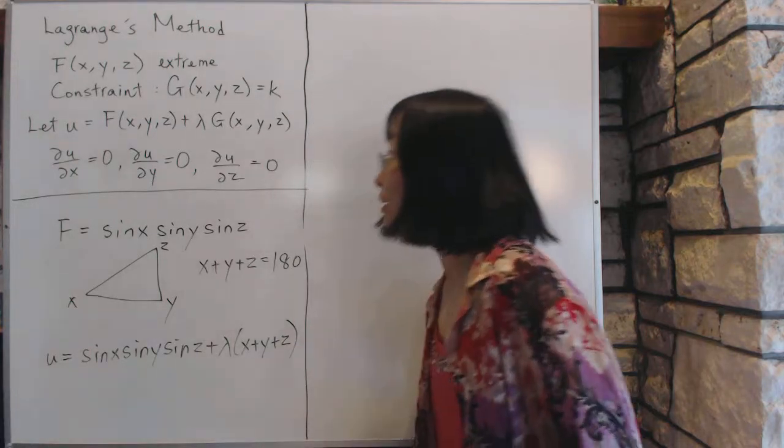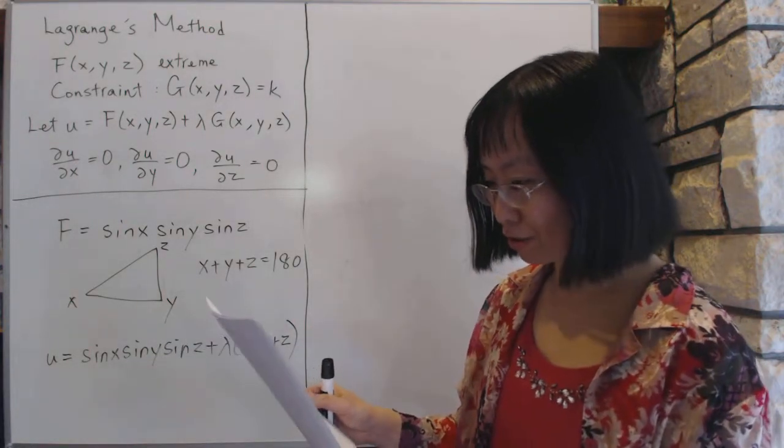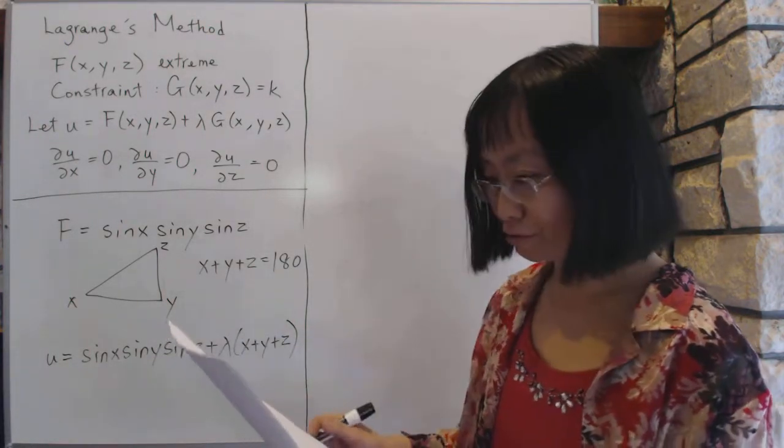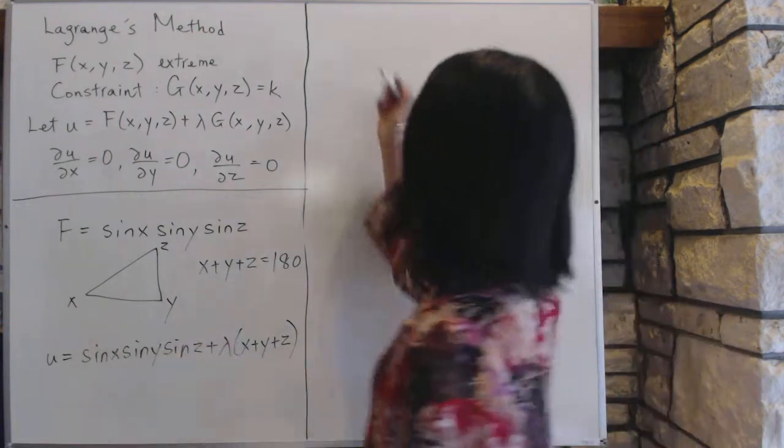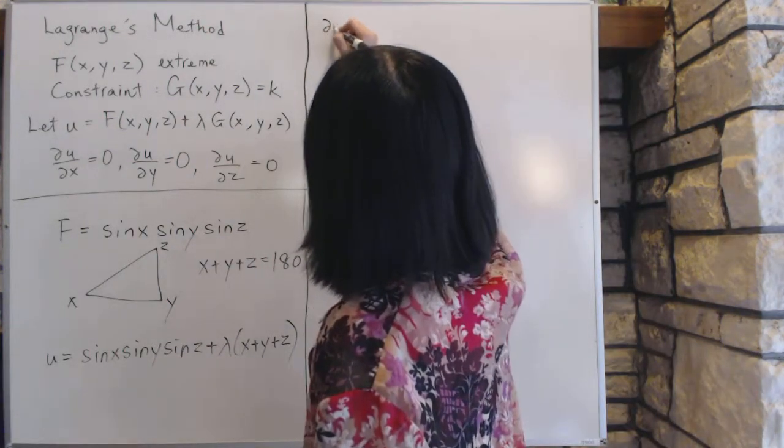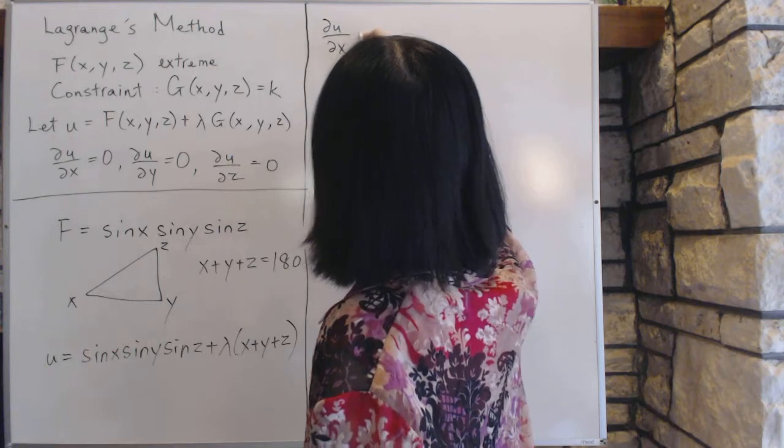So as you can see, for Lagrange's method, we just follow the rules and we will get to where we want to be. So next, following the rule, we take partial u, partial x.